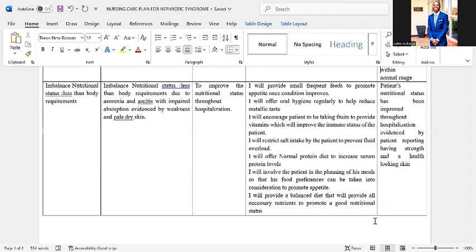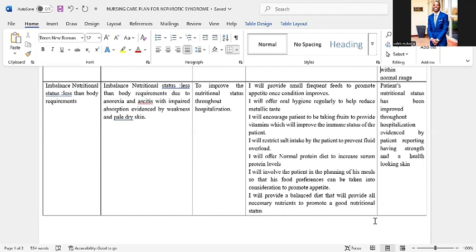In this patient, you cannot say weight gain, because this patient is gaining a lot of weight as a result of edema and ascites. So you cannot say weight gain or weight loss. We move to the goal. The goal is to improve nutritional status throughout hospitalization.